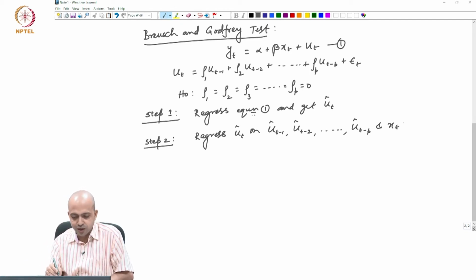So, I am regressing ut on all its previous values as well as the explanatory variable xt.